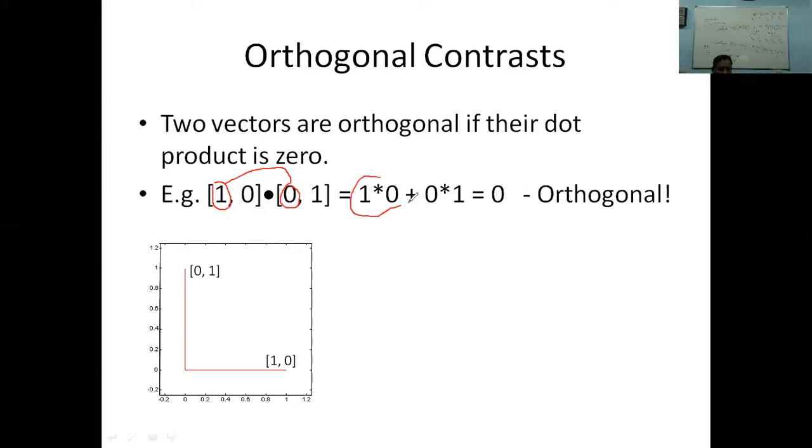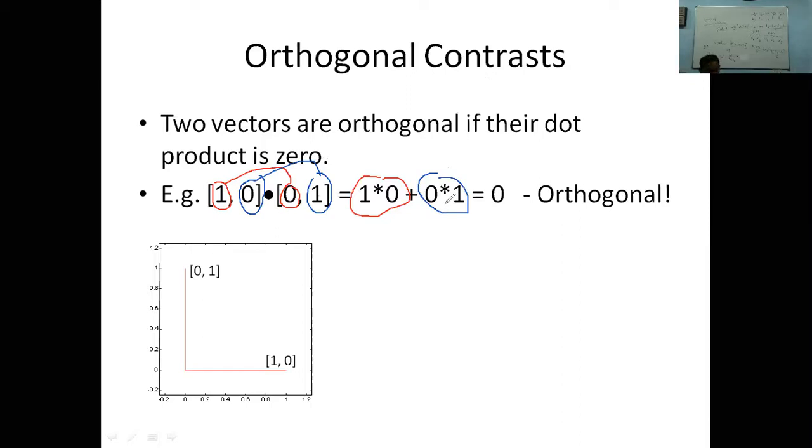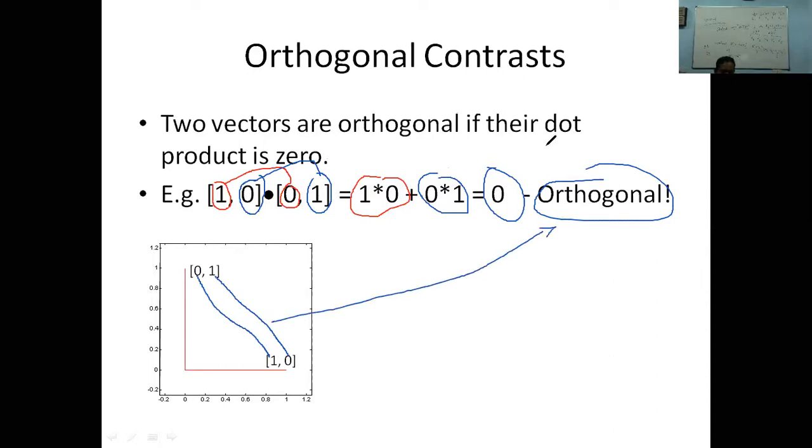If you look at the addition of these two products, it is equal to 0. So 1 multiplied by 0 plus 0 multiplied by 1, which is 0, is called orthogonal.